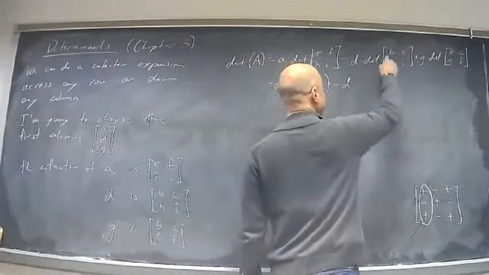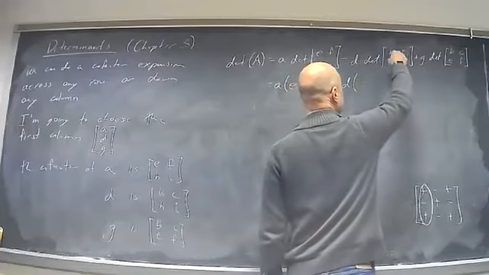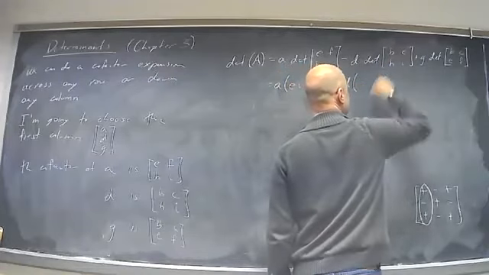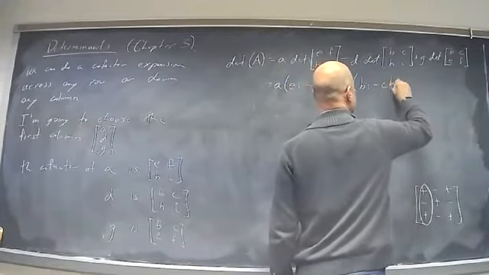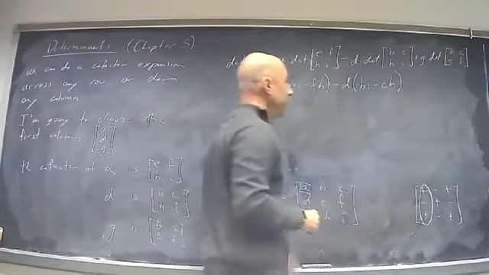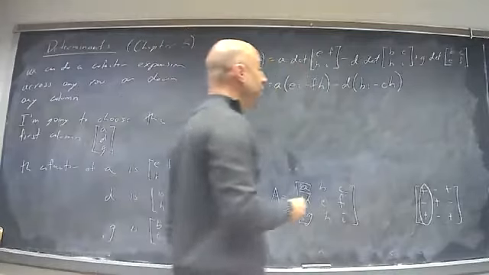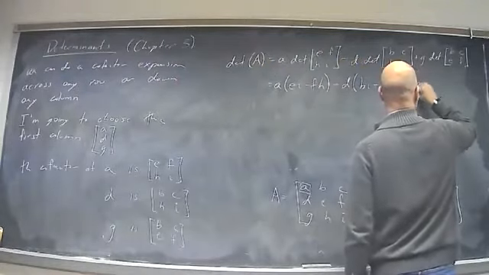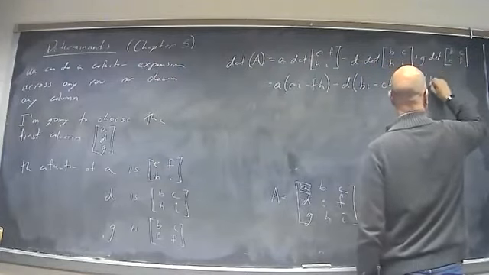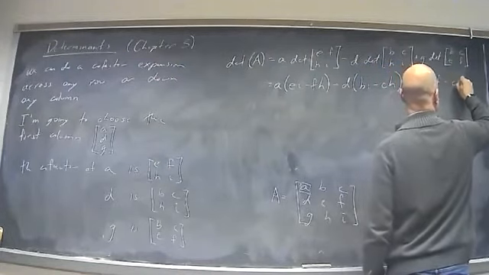Minus D times the determinant of this matrix, which is this times this minus this times this, BI minus CH. And plus G times the determinant of this matrix, BF minus CE.